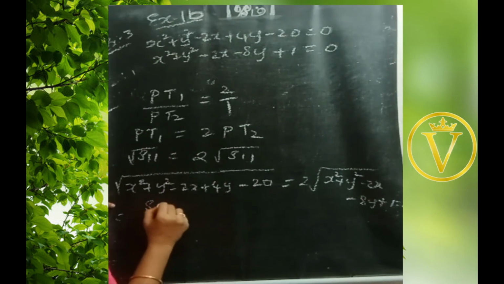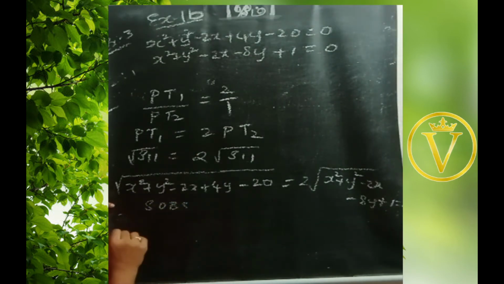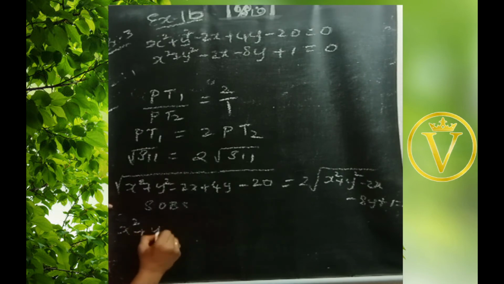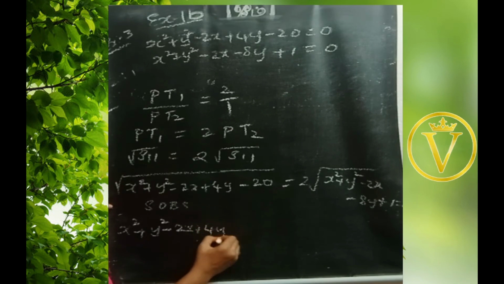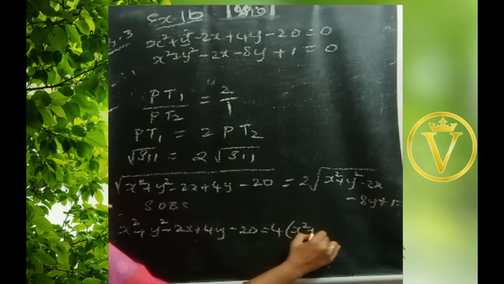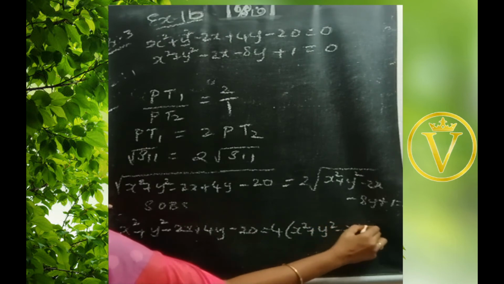Now squaring on both sides, you will get x square plus y square minus 2x plus 4y minus 20, and 4 of x square plus y square minus 2x.